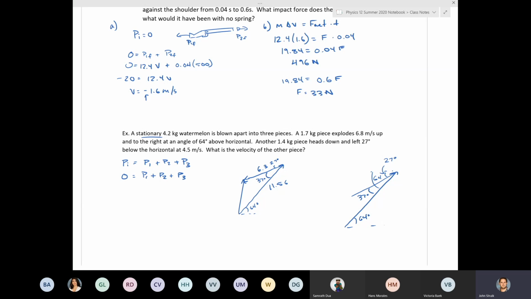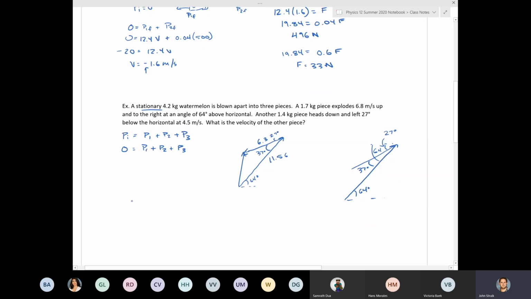Okay, so now we can just do cosine law again. 11.56 squared plus 6.3 squared minus 2 times 11.56 times 6.3 cos 37. So 11.56 squared.